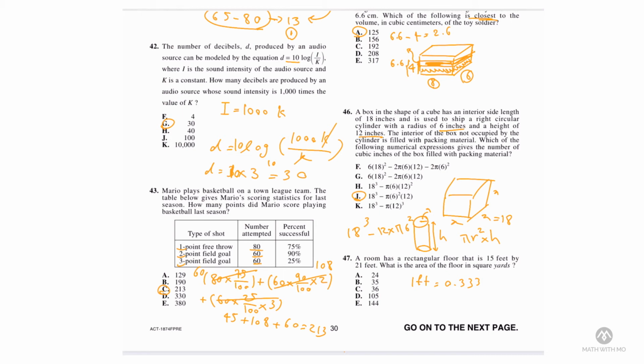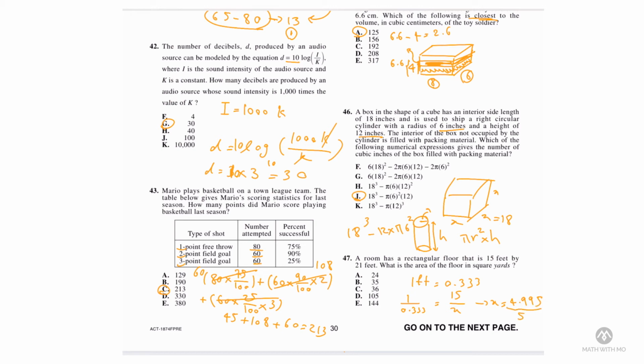Because we have 15 feet, and 1 foot is 0.333, 15 feet is going to be 15 times 0.333, which is 4.995. Let's say it's 5.